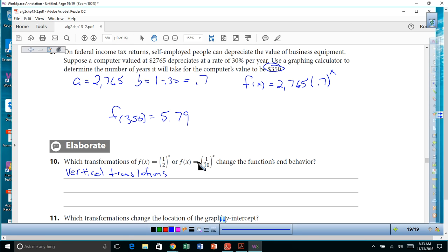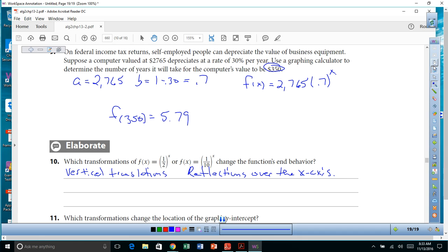Reflections over the x-axis, in other words making it negative, also change the end behavior.